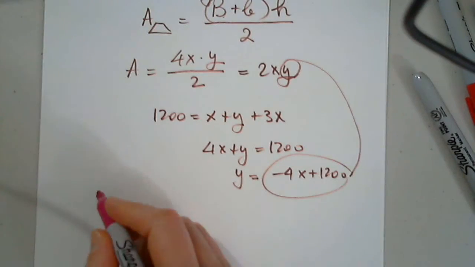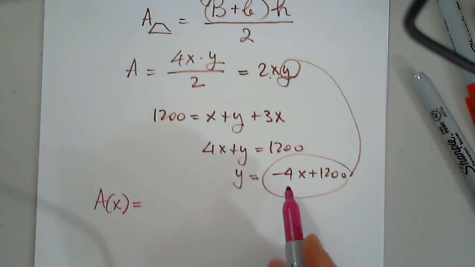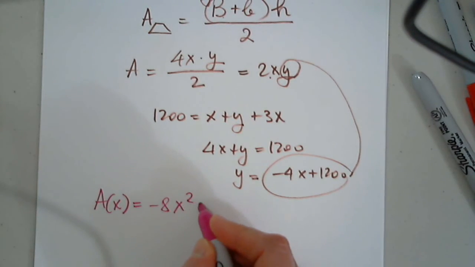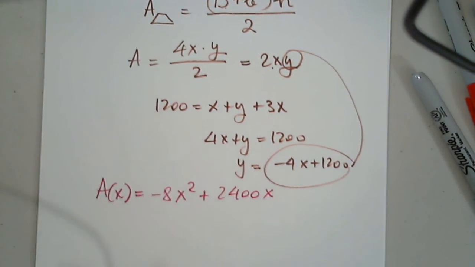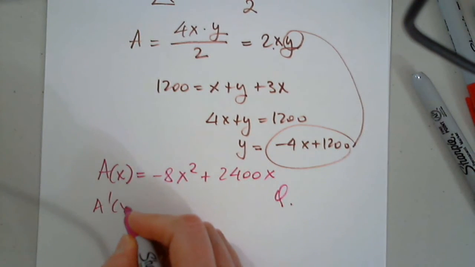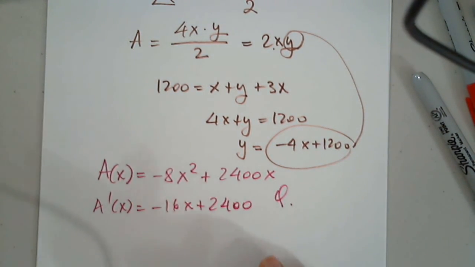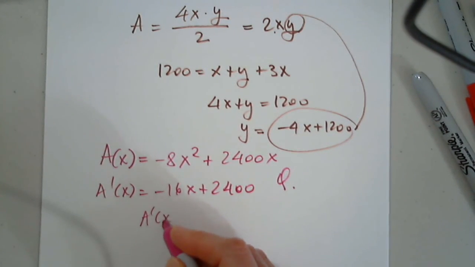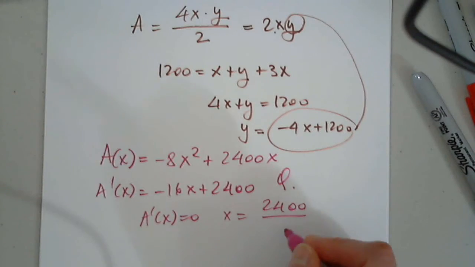So the function now is indeed a function of x, and I multiply by 2x. So I get negative 8x squared plus 2,400x. This is quadratic, I don't even need calculus, but let's continue. A prime of x is negative 16x plus 2,400. A prime of x equals 0 means x equals 2,400 divided by 16.